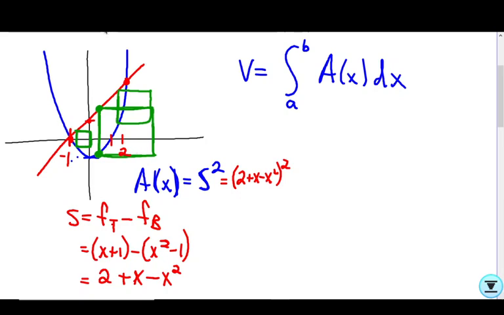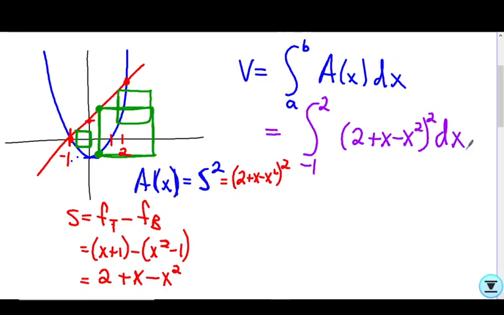So my volume equation is the integral from -1 to 2 of 2 plus x minus x squared, squared dx. Because my volume starts at -1, it ends at 2.